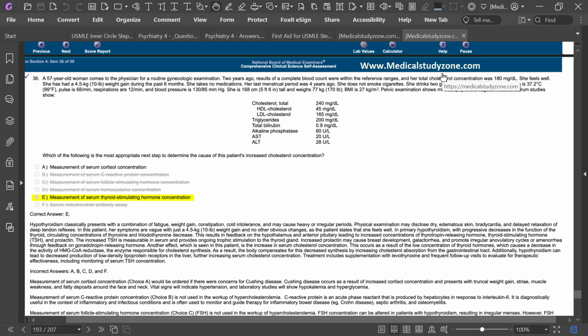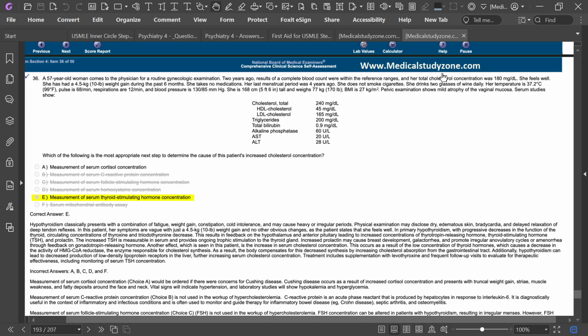TSH and prolactin. The increased TSH is measurable in serum and provides ongoing tropic stimulation to the thyroid gland. Increased prolactin may cause breast development, galactorrhea, and promote irregular anovulatory cycles or amenorrhea through feedback on gonadotropin releasing hormone. Another effect which is seen in this patient is the increase in serum cholesterol concentration.